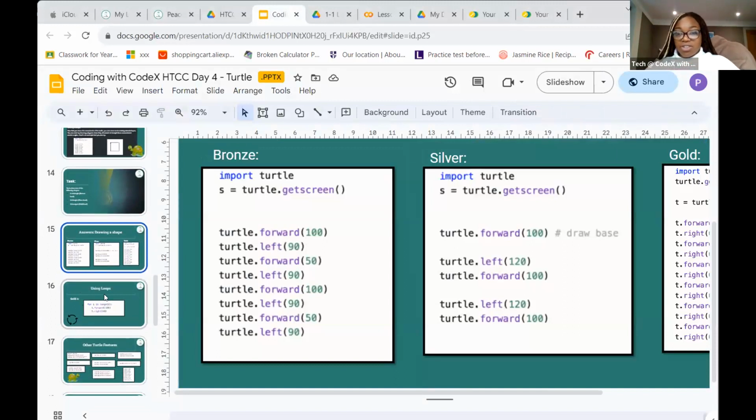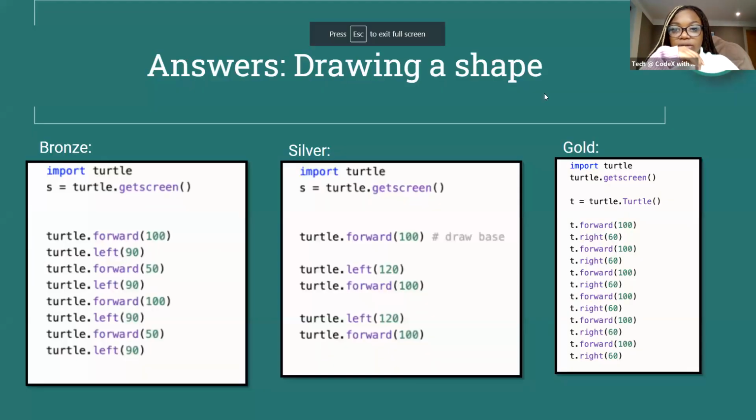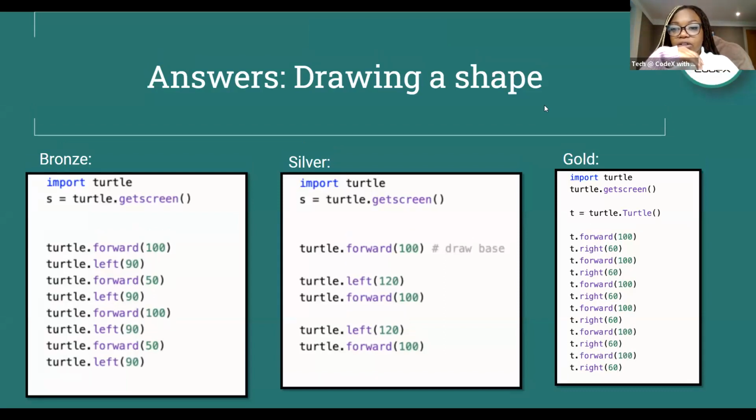So this is actually how you do it, guys. Let me slideshow it. So well done to everybody that attempted it. Obviously you guys can do this in your own time, but this is how you do it, guys.